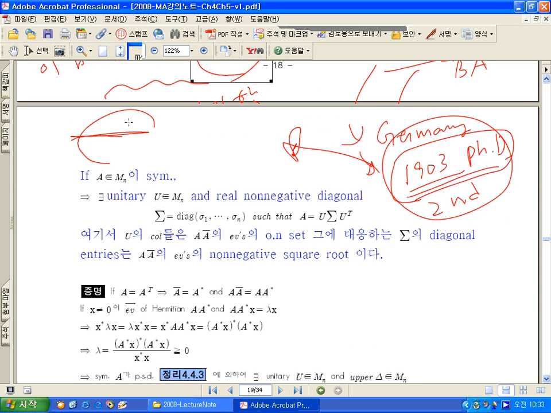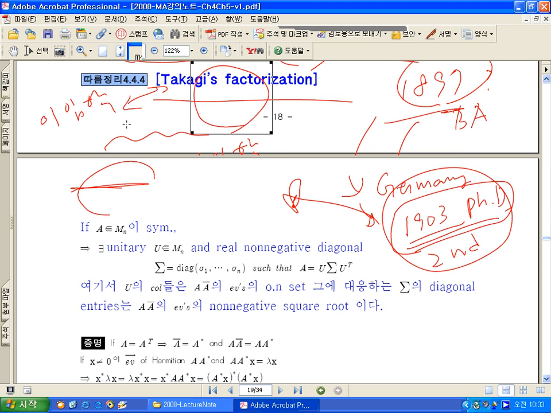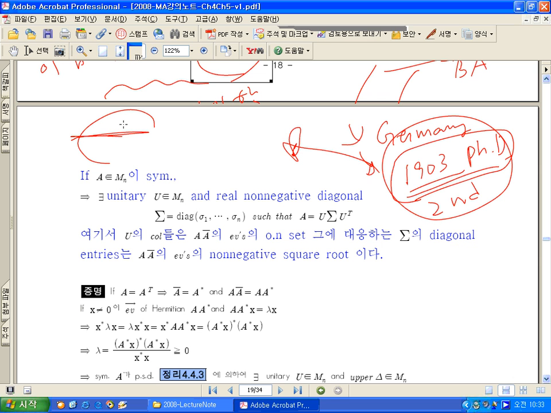And Takagi showed this theorem. When A is a symmetric matrix, there exists a unitary matrix U and a real non-negative diagonal matrix sigma such that A is equal to U sigma U transpose, like you saw before.